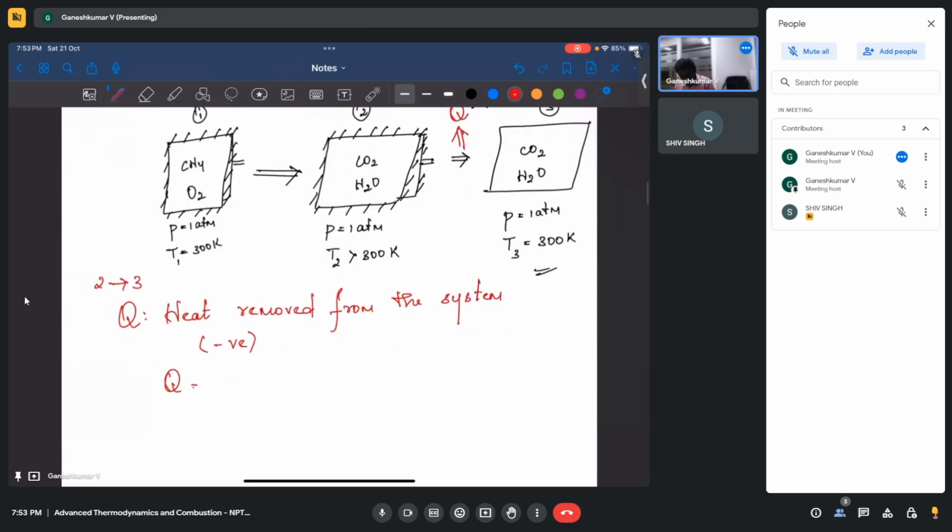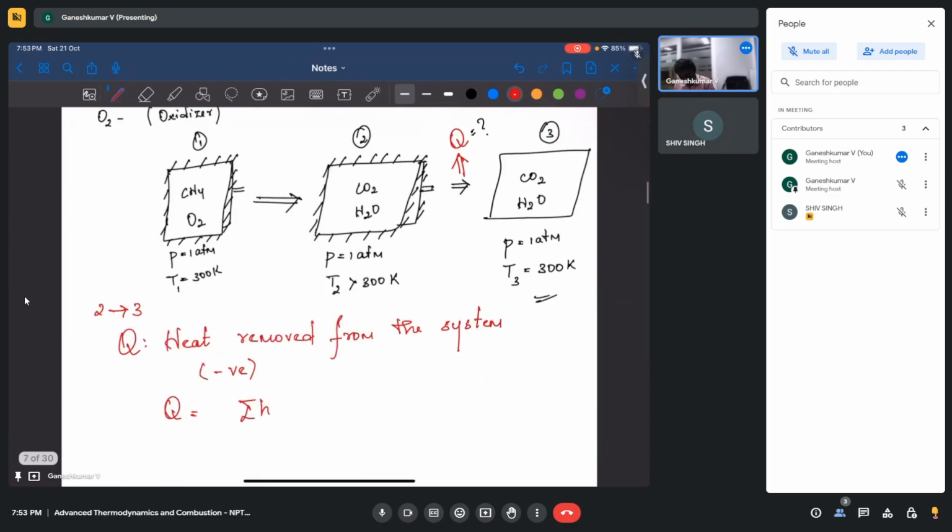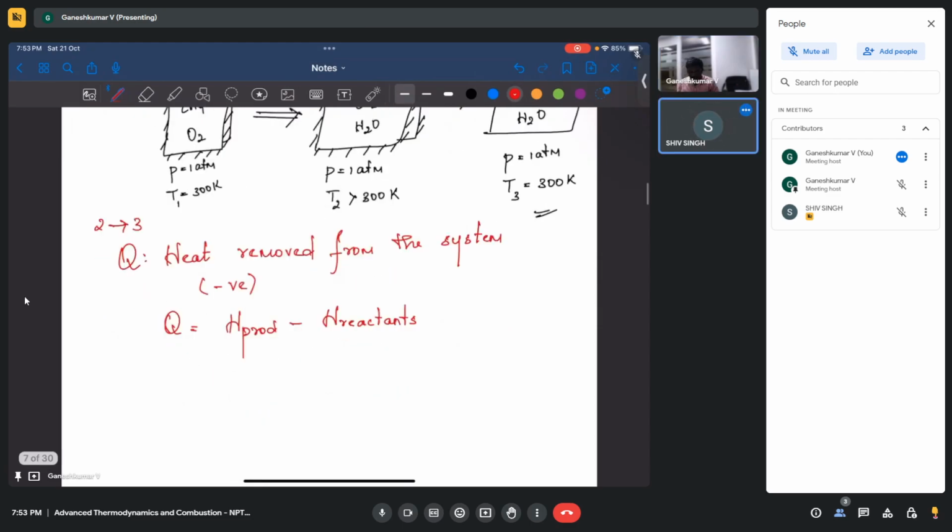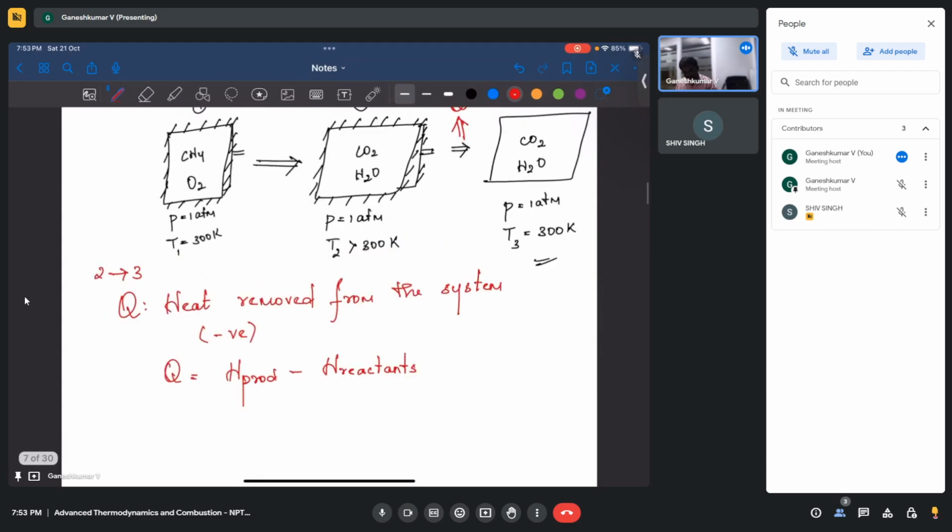And how do you find this? This is nothing but the summation of H of products. You can simply write H of products minus H of reactants, right? Now this is heat removed from the system, and how are you getting this heat? Through reaction. So you call it enthalpy of reaction.